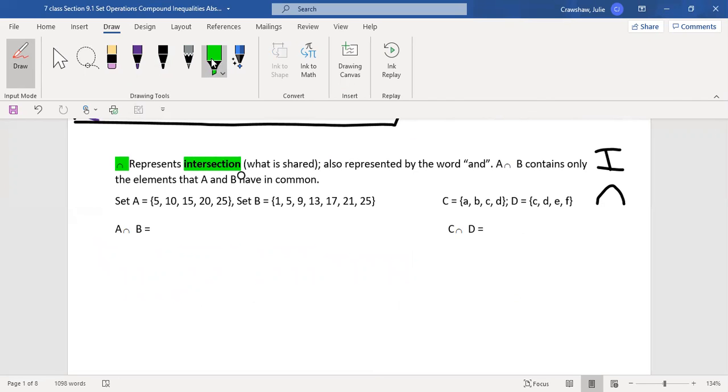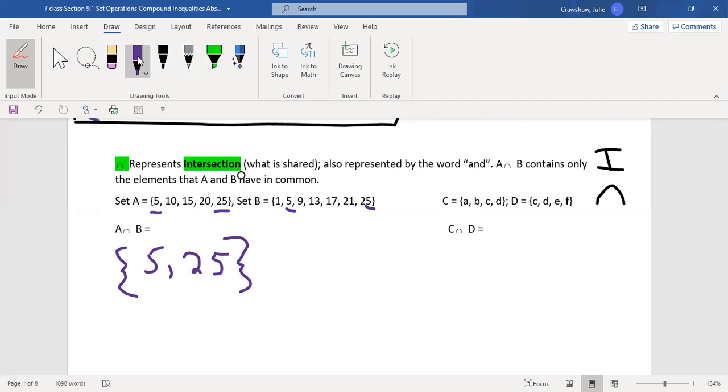If we're trying to find the intersection of two sets, we're trying to find what these two sets have in common. Notice that set A and set B both have a 5, and they both have a 25. Those are the only two items that are going to be inside the set for the intersection of these two sets.